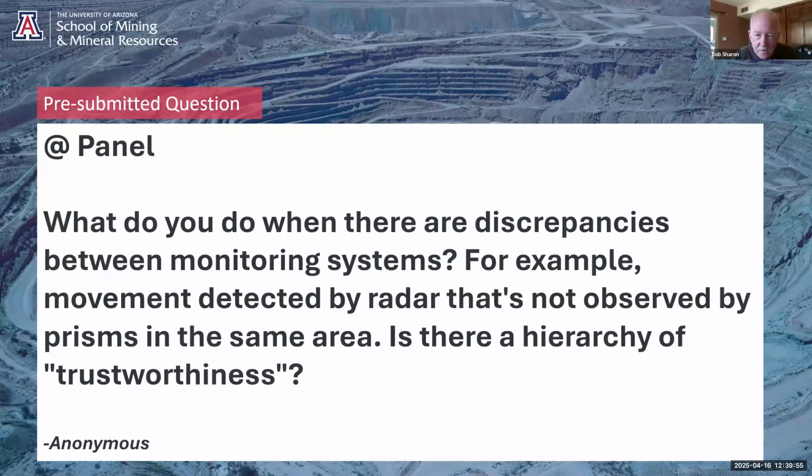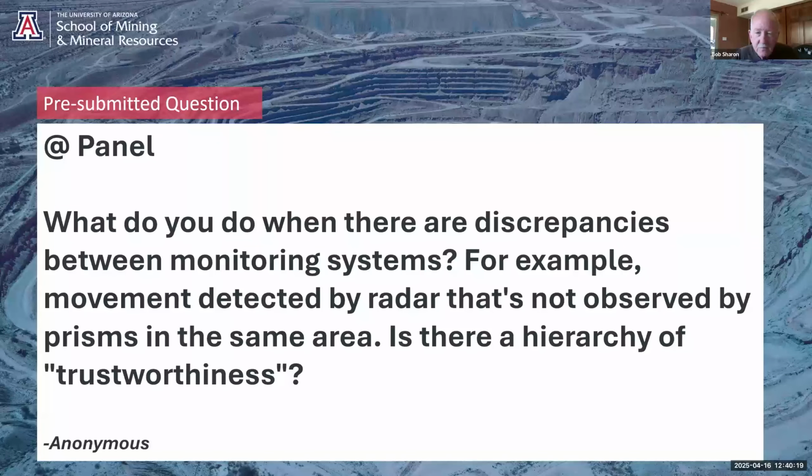What are your risks? Why do you have instruments out there? Do you really have an understanding of the need for instruments, or are you just putting them out there because somebody feels more comfortable that you have lots of prisms and vibrating wire piezometers and radar systems around the pit to monitor something?